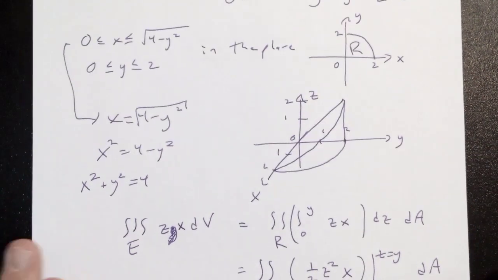Roll back up. There's my region. Which makes this a polar rectangle. It's bounded by numbers.